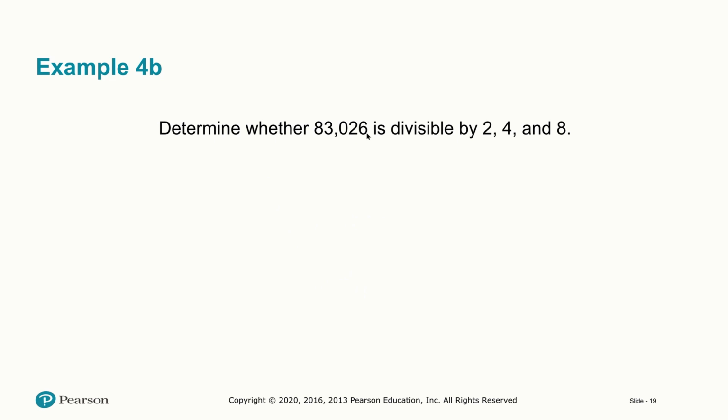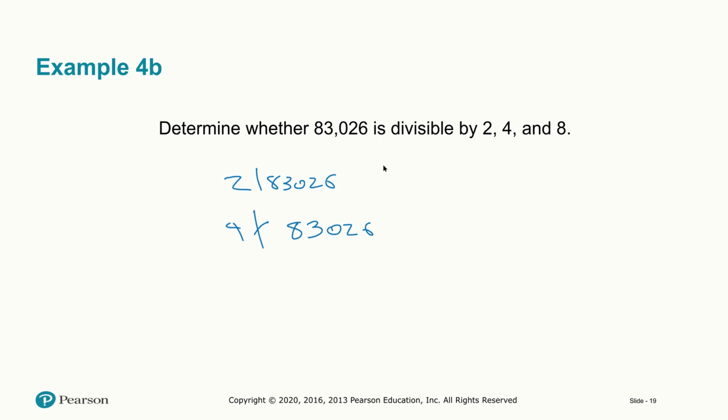All right, how about this number? Is this divisible by 2? Yes, it is, because it ends with an even number, right? How about 4? Well, the last 2 digits form 26, right? And 26 is not divisible by 4. So therefore, the number itself is not divisible by 4 either. And how about 8?